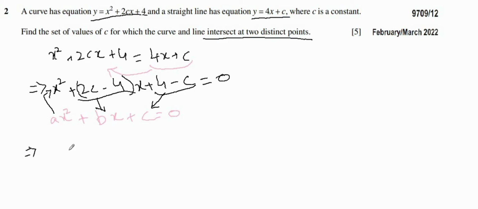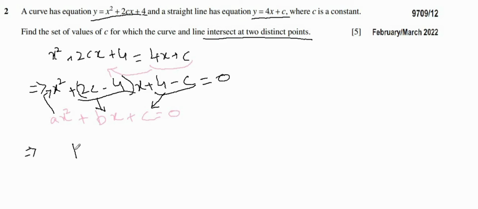Now what happens next, we know that the intersecting points are two and distinct. That means they are different.